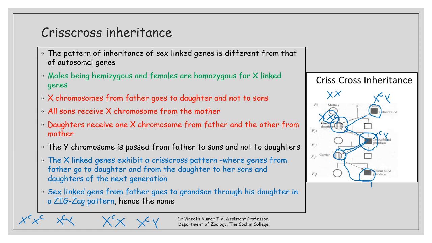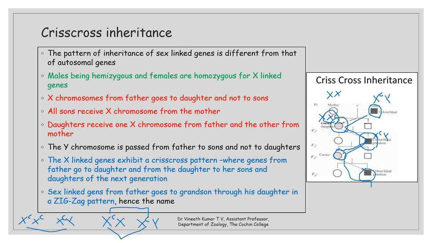If these two come together in a female, she will be affected. So for females to be affected, either both the parents are affected, or the mother is a carrier and the father is affected. In both these conditions, a female can inherit an X-linked recessive trait.